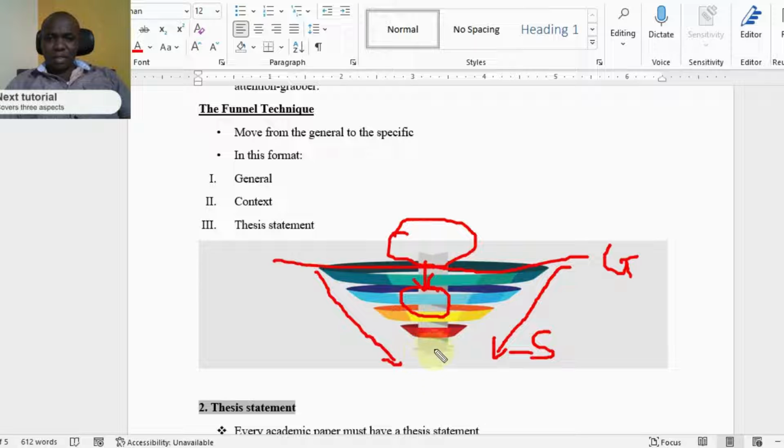Then down here, we'll now wind up with your thesis statement, which should be specific. We talked about this statement. We defined it, and I gave some examples. But in this part again, we shall look at it into further details.